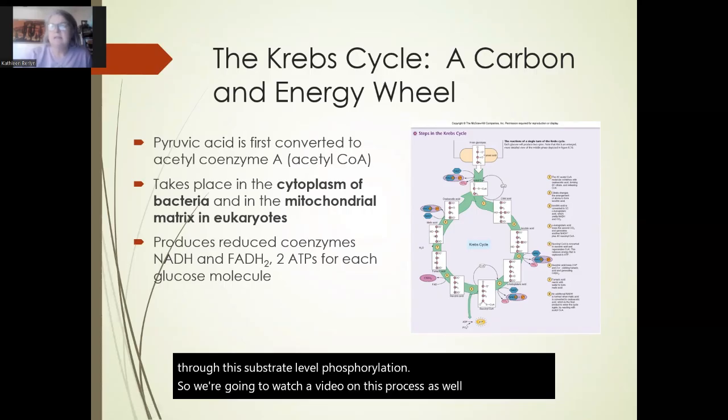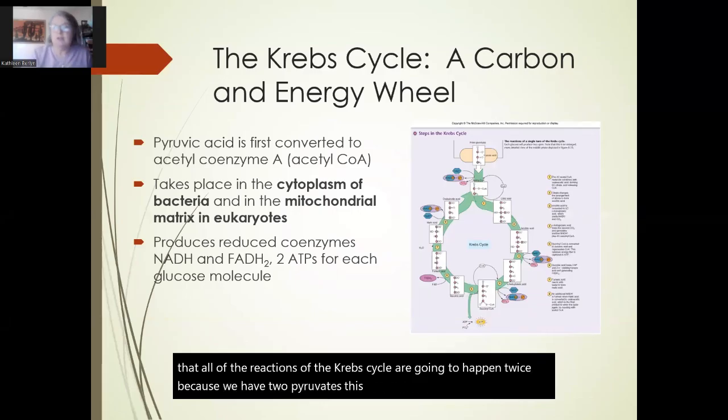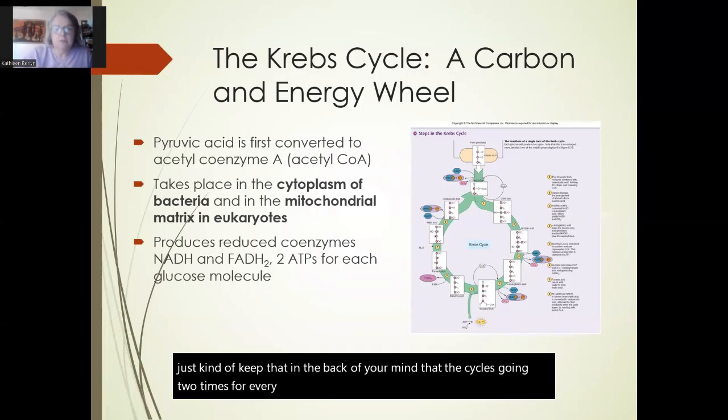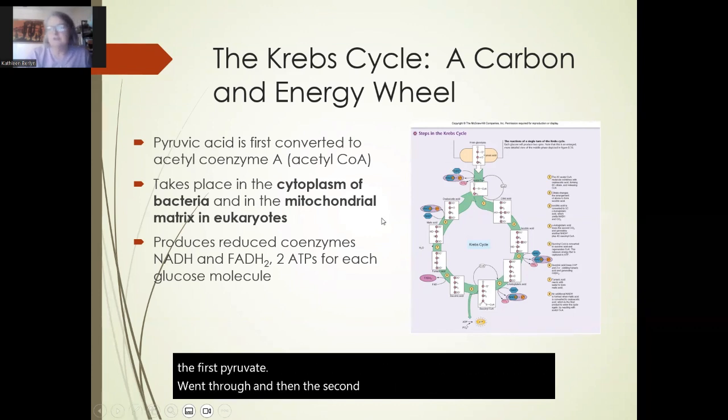Keep in mind that all of the reactions of the Krebs cycle are going to happen twice, because we have 2 pyruvates from each glucose molecule. So just keep in the back of your mind that this cycle goes 2 times for every glucose molecule, so you can double the items. Instead of 1 ATP, you can say 2 ATPs, because the first pyruvate went through, and then the second pyruvate goes through.